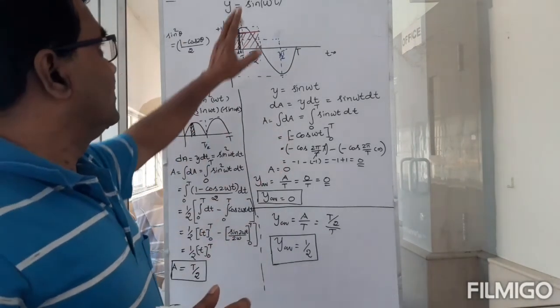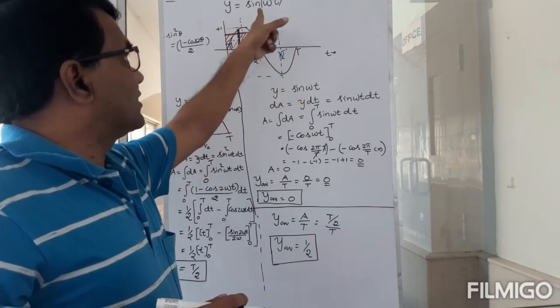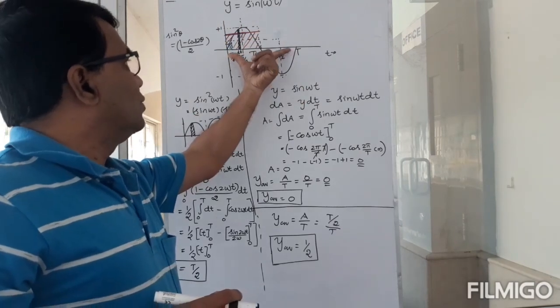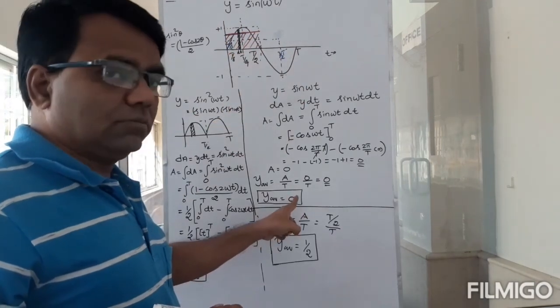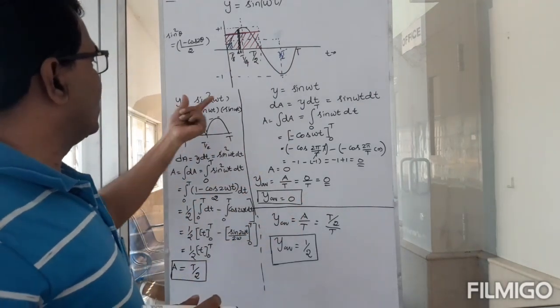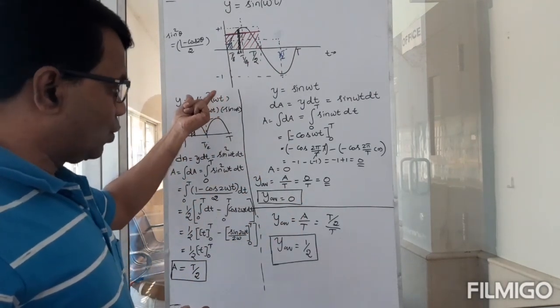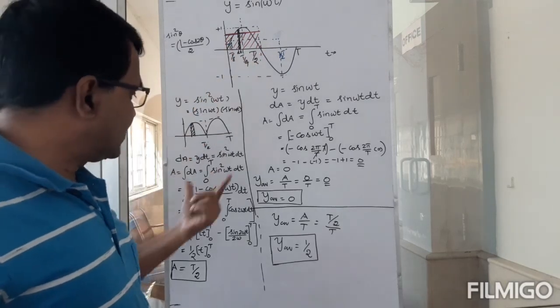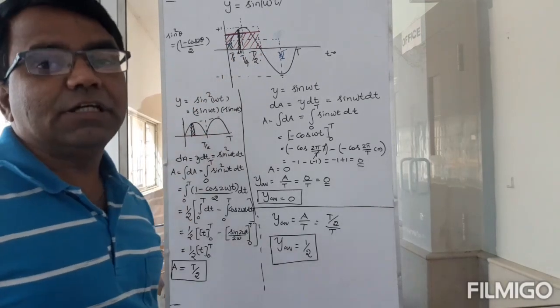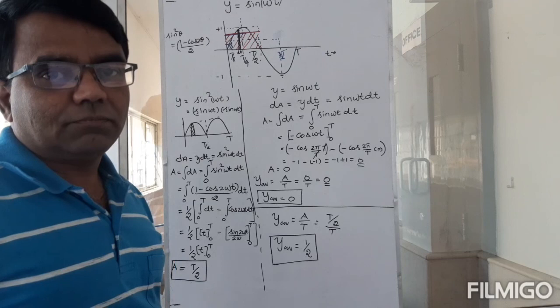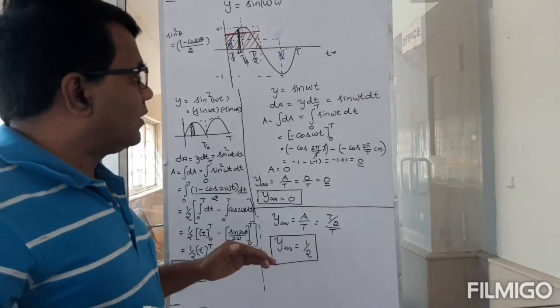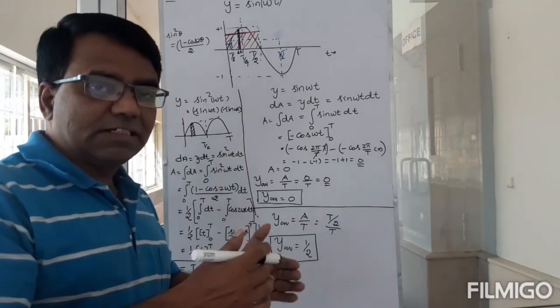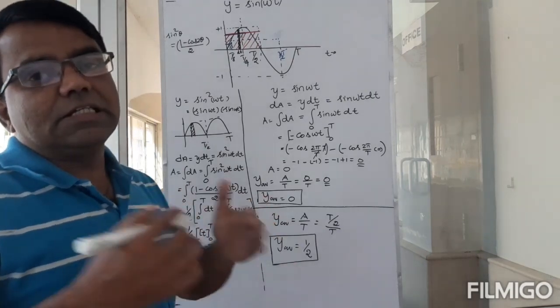So you can see that the average value of the sine function over one complete cycle is 0, and the average value of the sine squared function over one complete cycle is 1 by 2. I want you to remember this because this is critical as we go forward.